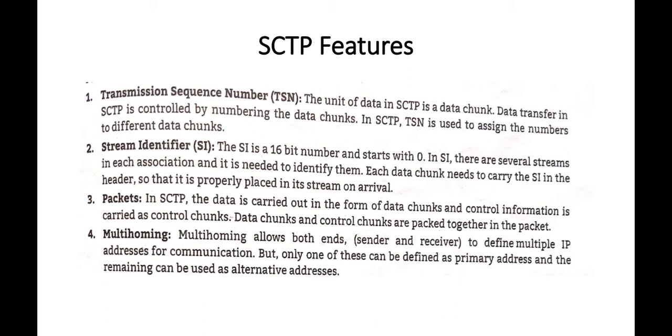According to that number, we identify each and every stream, because on each stream we send the data. In the last video lecture we already said that if a fault occurs in one stream or a failure happens, then we have alternative streams available, due to which we can transfer the data.